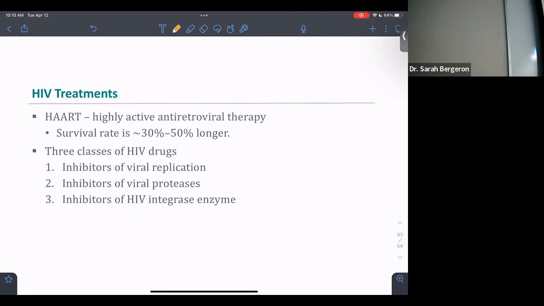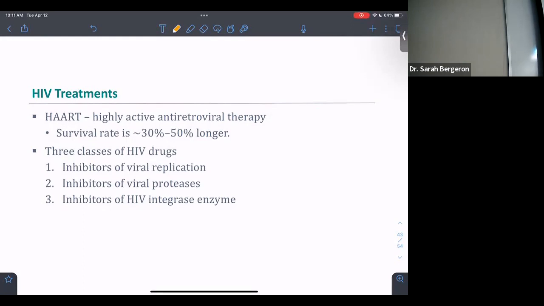So if you can inhibit the integrase, because what does HIV do? It takes its genetic material and does what with it? Turns it into RNA, then DNA, and then what does it do with that DNA? It integrates it into your genome. So if you can inhibit the integrase, then you can prevent HIV from working.